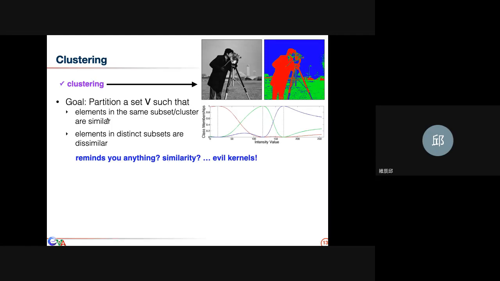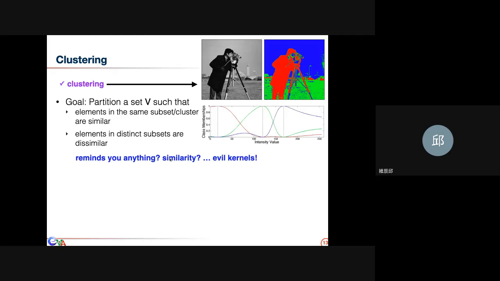Okay. Basically here, as we just mentioned, the elements in the same cluster are similar to each other, but the elements belonging to different clusters are dissimilar to each other, right? So there's a very important thing that you need to define first, which is the similarity, right?